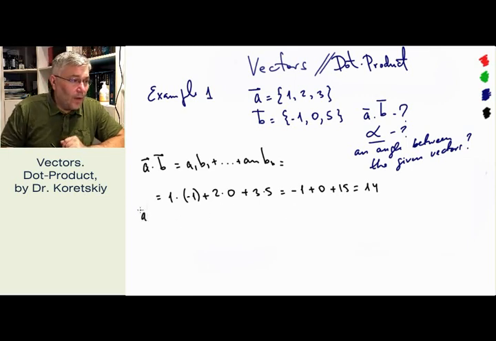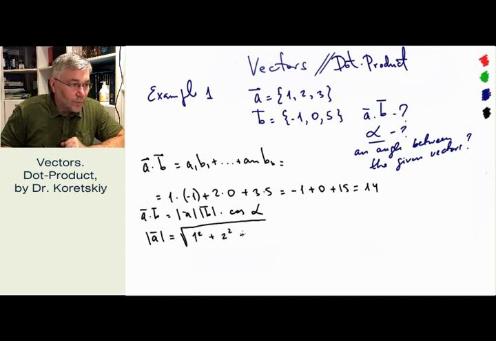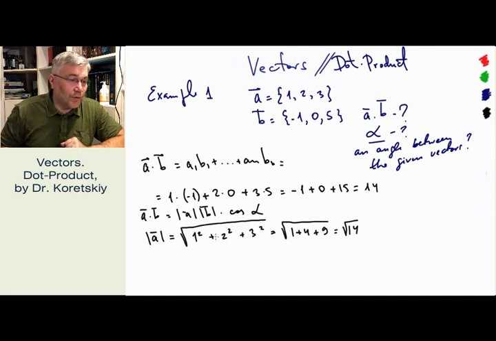But on the other hand, A dot B equals the magnitudes of the vectors times cosine alpha. Let's calculate the magnitudes. Magnitude of A, or absolute value, is the square root, from the very first lecture, of 1 squared plus 2 squared plus 3 squared, and we have 1 plus 4 plus 9, so it is the square root of 14.